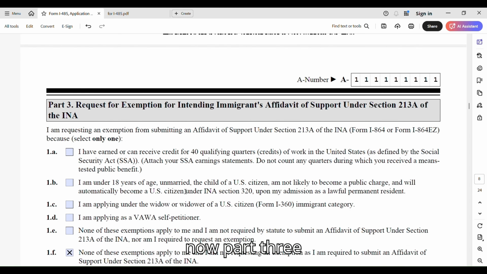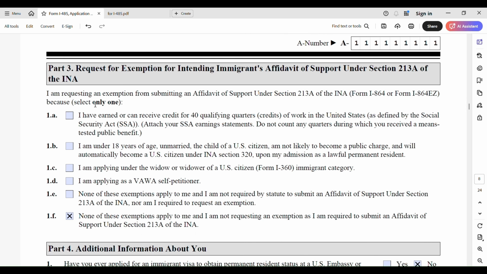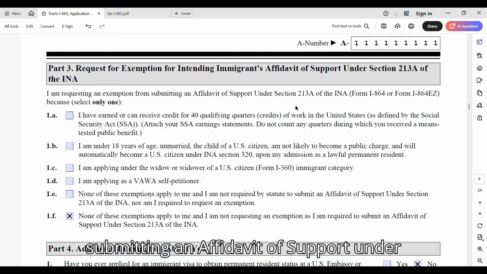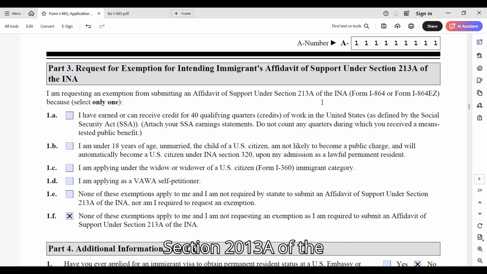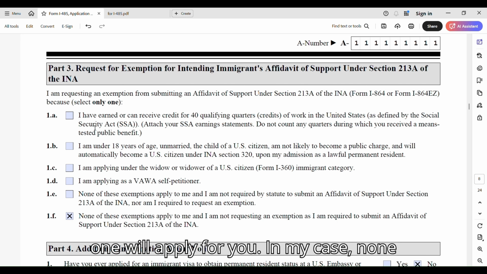Now, part 3. Request for exemption for attending immigrants, affidavit of support under Section 213A of the INA. I am requesting an exemption from submitting an affidavit of support under Section 213A of the INA, Form I-864 or Form I-864EZ, because select one that applies for you.